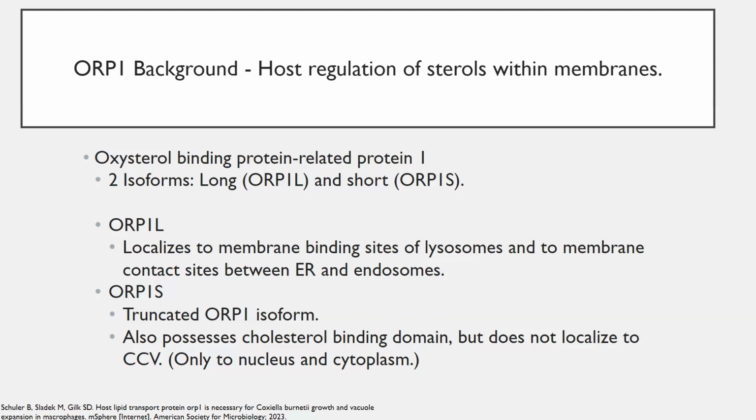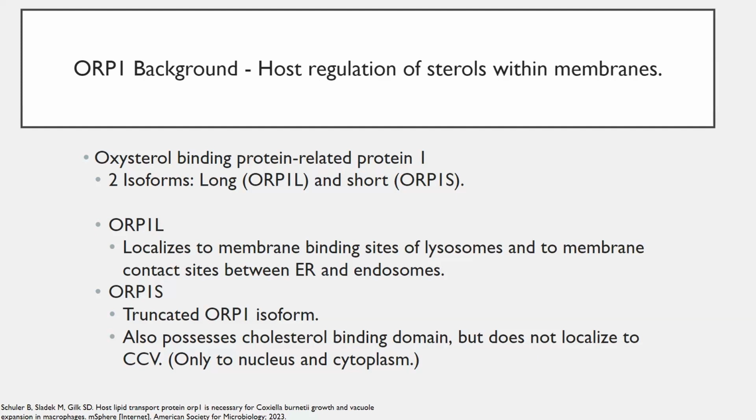It exists in cells in two isoforms, a long isoform and a short, truncated S form, abbreviated ORP1L or ORP1S respectively. ORP1L is the main focus of the study, and when I say ORP1 later on, I will be referring to just ORP1L because that is what they studied.